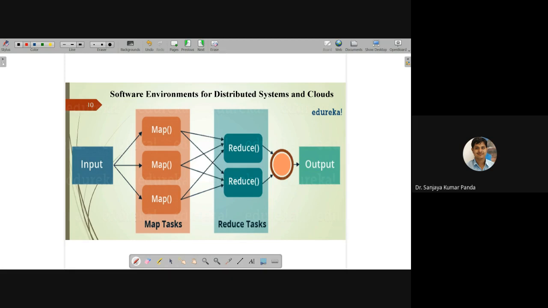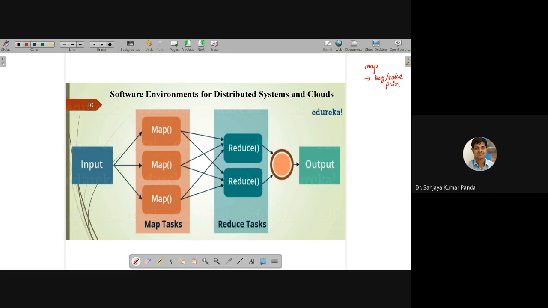In the MapReduce framework, you have a function called map. The map function generates a set of intermediate key and value pairs. The main purpose of using a map function is to produce key and value pairs. I'll tell you with an example what the meaning of these key and value pairs is.